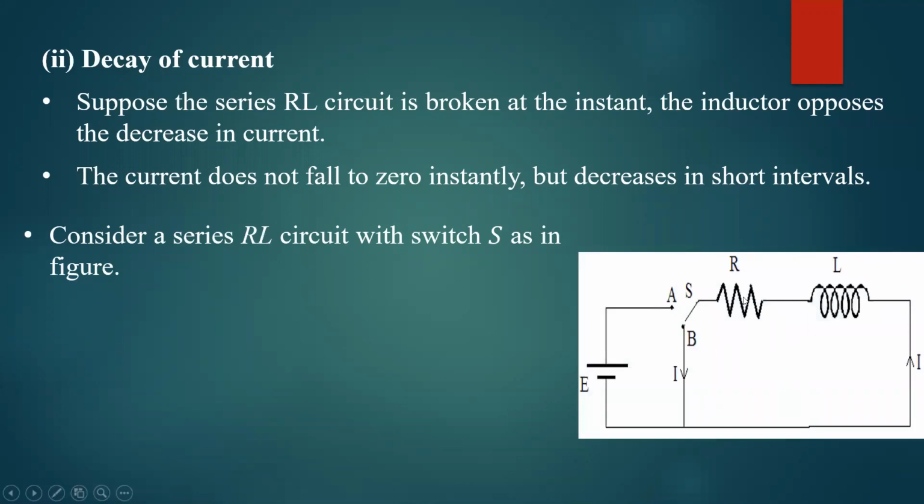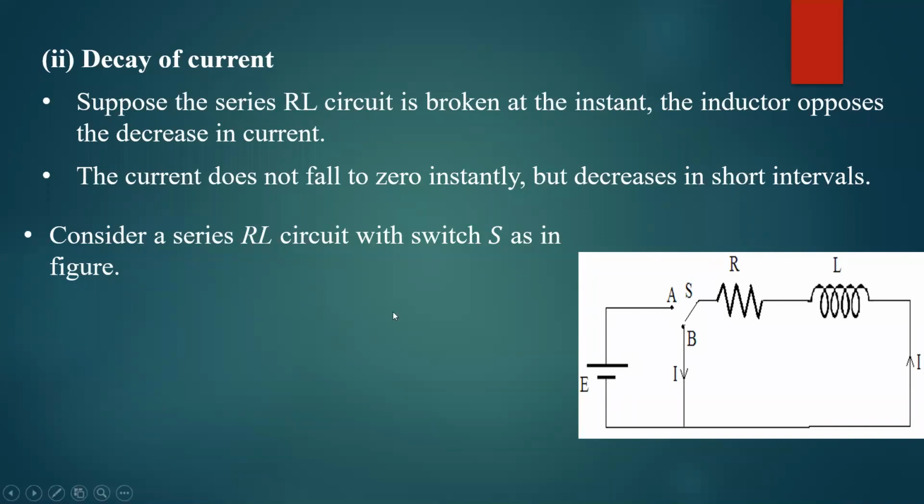Here R and L are connected in series. Initially the switch is at position A, where a battery is connected in the circuit, which leads to the growth of current, and finally the current reaches a maximum steady value equal to I0. Let us take I0 as the maximum steady current that flows through the circuit after a certain time when the battery is connected.